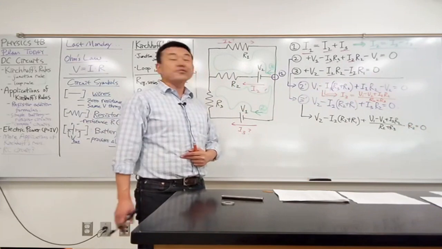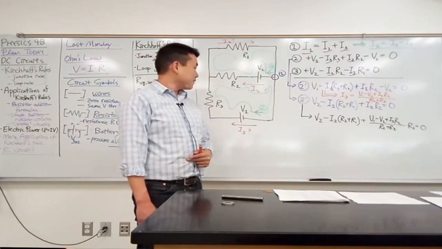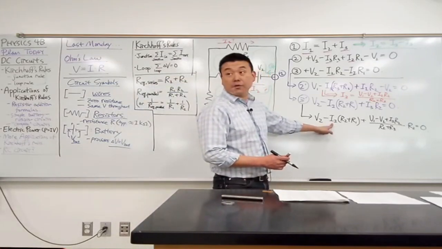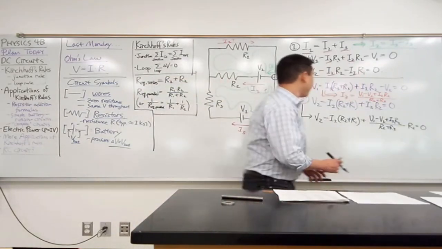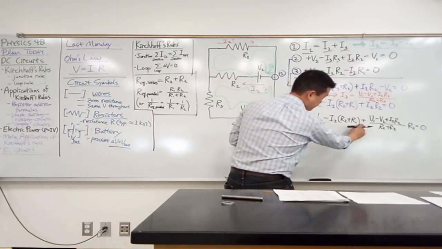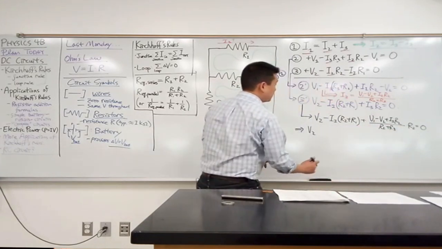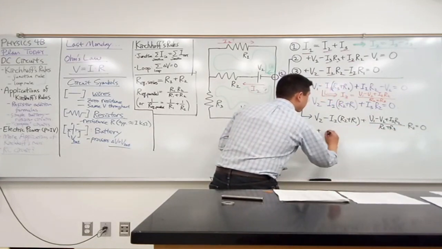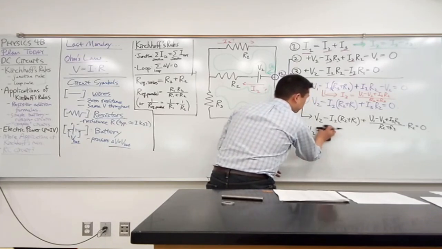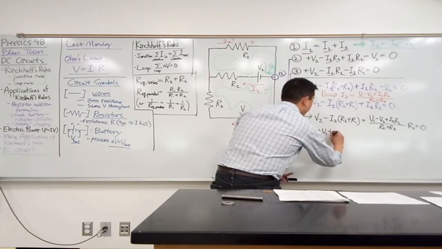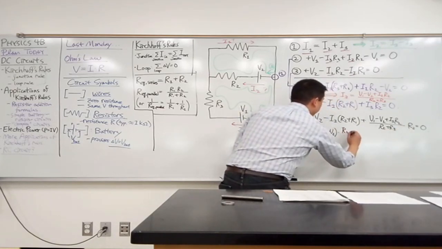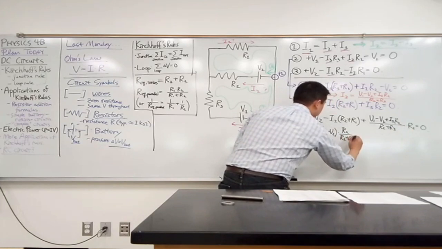All right, it's just going to look complicated. So let me collect all the like terms. I think I can collect the like terms in terms of I1 on the other side. When I do that, this is what I get. V2 plus all of this that's left here, plus V1, or let me write it this way, V1 minus V2 multiplied with R2 over R2 plus R3.